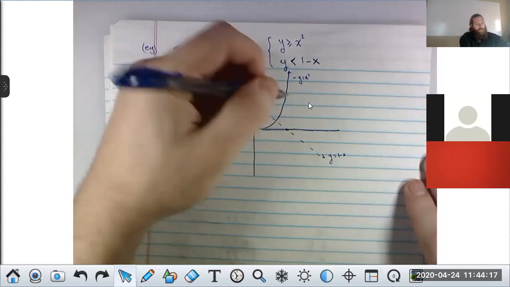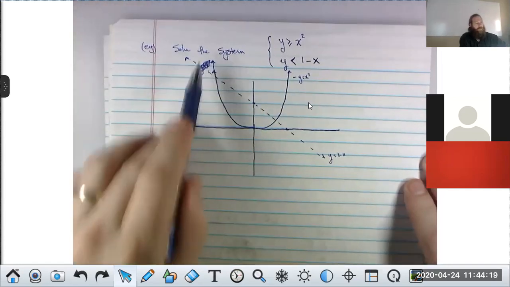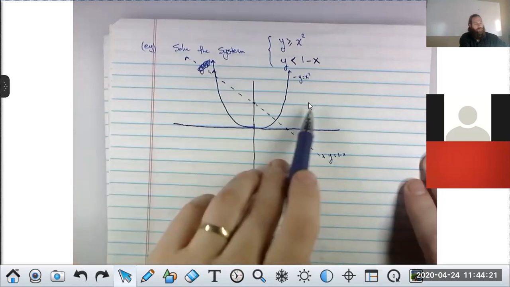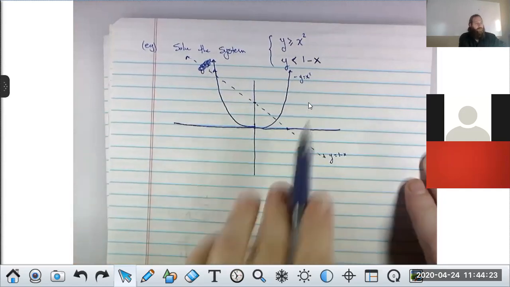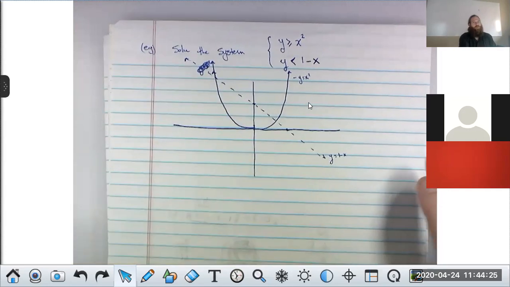You could say that you have 5 regions all together. But what I want to do is find the region that solves both inequalities.